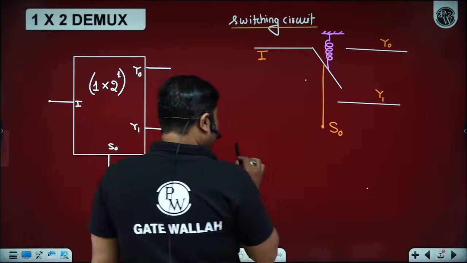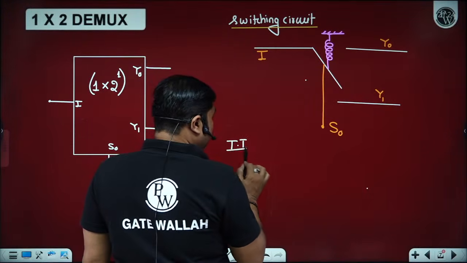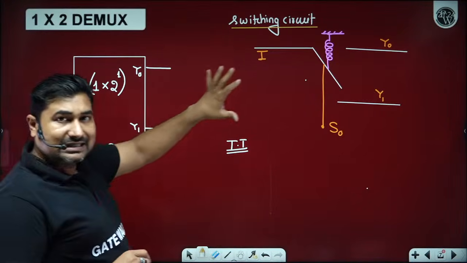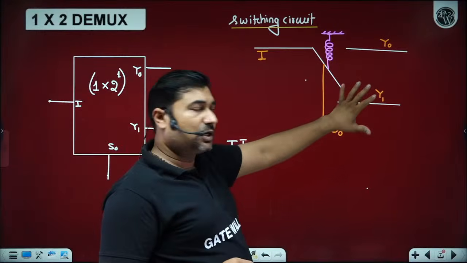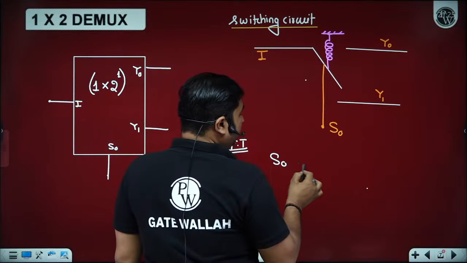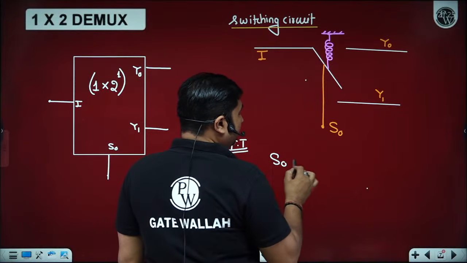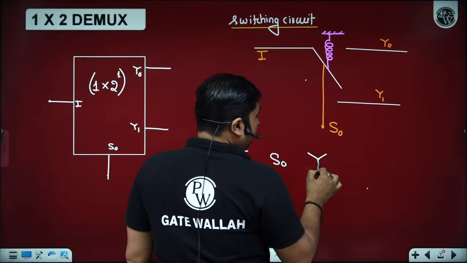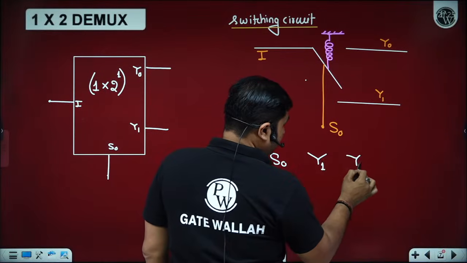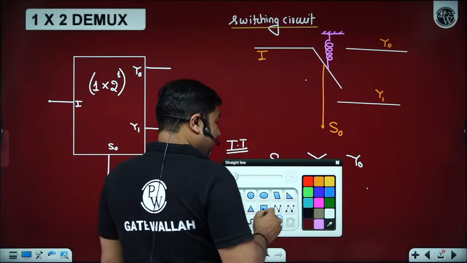In order to design any desired combinational circuit, first of all, we need to identify the input output, understand the relation between the input output. Accordingly, we can construct the truth table. So we have an input I, we have an input S0 select line and outputs y0, y1. How many possibilities with the one select?